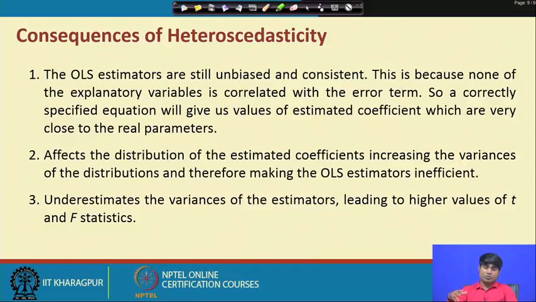So far as the consequence is concerned, in the case of homoskedasticity, the parameters follow all the criteria: they are unbiased, consistent, and have minimum variance. But in the case of heteroskedasticity, the parameters are still unbiased and consistent, but cannot achieve minimum variance.